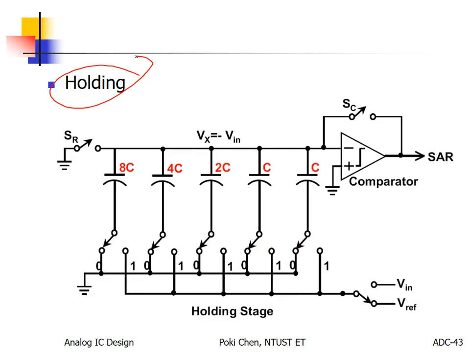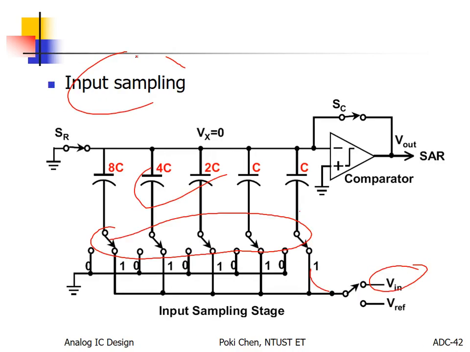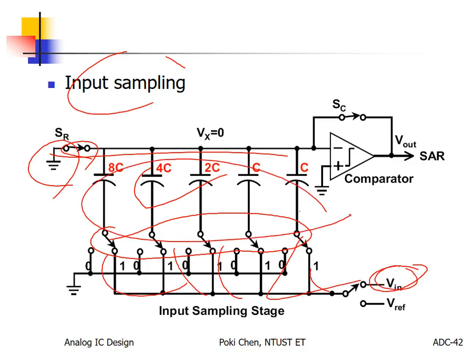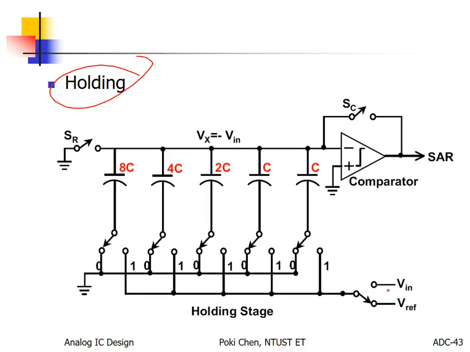But before holding, how to sample it? You need to close the switch, this node to ground and all the other nodes to Vin, to make all the voltages on the capacitors exactly the same as Vin. And then holding. How to hold Vin? Look, open it. It is open already, right?